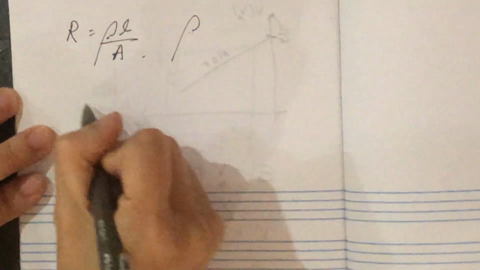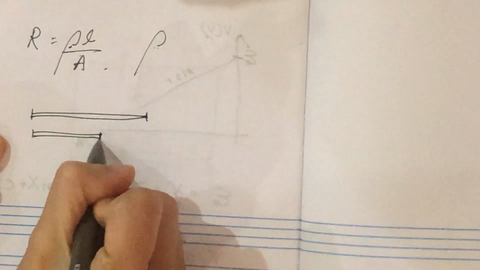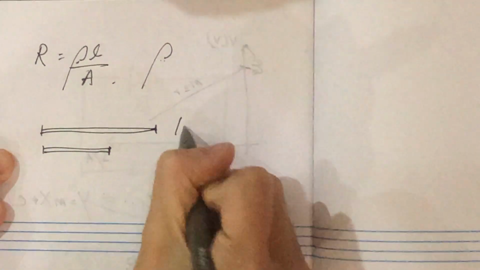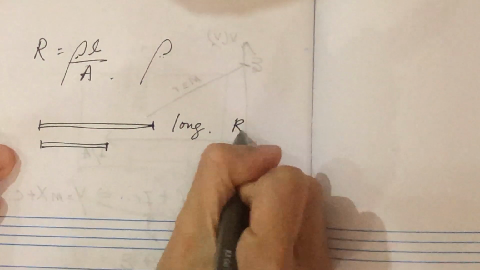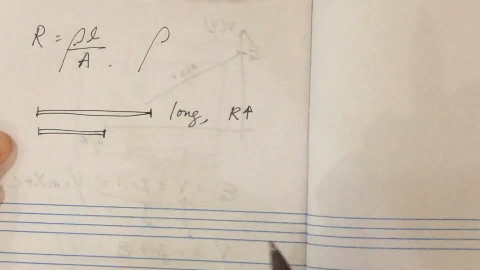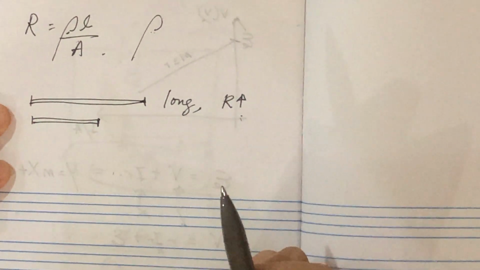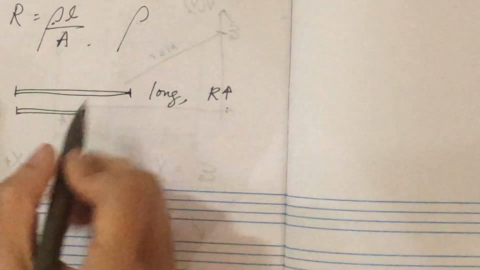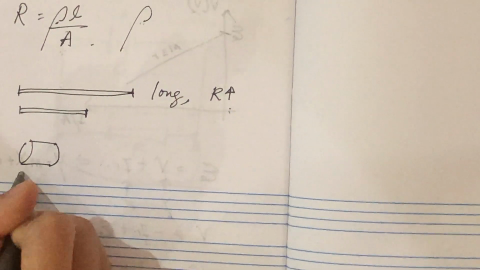Okay, so if the wire is very long compared to another one that is very short, the resistance of course will increase, right? You like resistance or not? Of course we don't like resistance, right? So the longer the wire, the higher the resistance. And then another one is A. One is very fat, another one very thin.